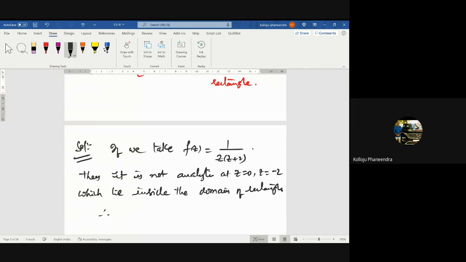Therefore, Cauchy's theorem is not applicable here.